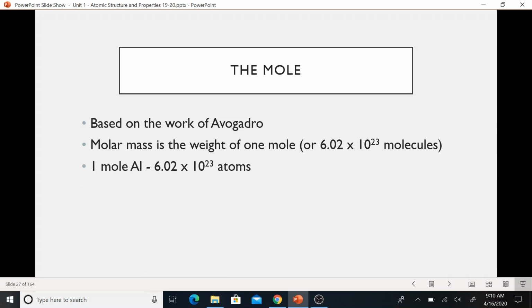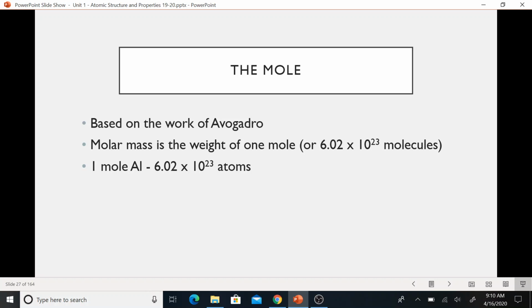Now, for example, 1 mole of aluminum is going to contain 6.02 times 10 to the 23rd atoms. Okay, it doesn't matter what substance we're dealing with. 1 mole is always going to contain that number, 6.02 times 10 to the 23rd. For aluminum, because it's an individual element, that's going to refer to atoms.